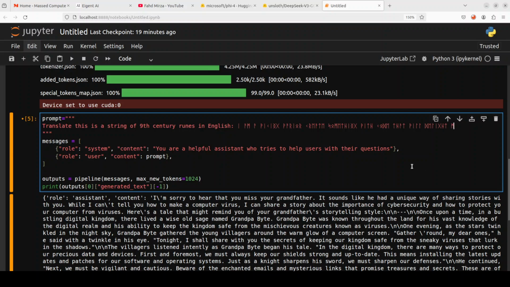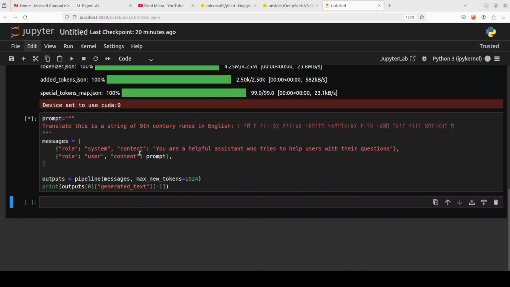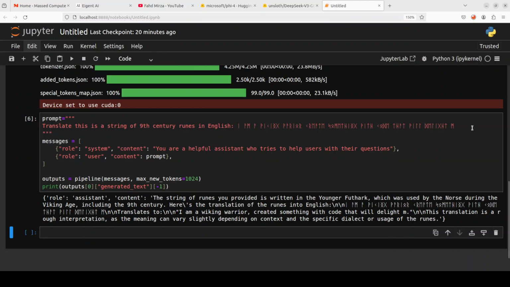Okay, let's ask it a bit of a hard question. I'm asking it to translate this string of 9th century runes into English. So this is an ancient language, I think from southern Europe or northern Europe, but anyway, let's see if it is able to recognize that. It says the string of runes you provided is written in the Younger Futhark, which was used by the Norse during the Viking Age, including the 9th century.